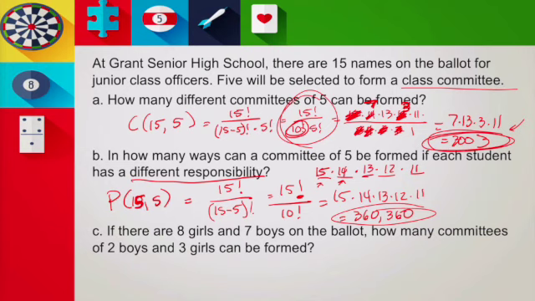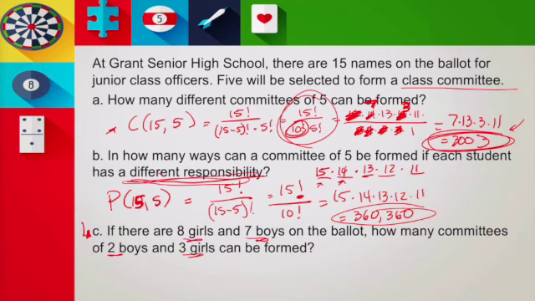If there are 8 girls and 7 boys on the ballot, how many committees of 2 boys and 3 girls can be formed? So, going back to being combination, because the order doesn't matter. We're assuming this is not having a different responsibility here. But we're going to need to pick 2 boys out of 7 and 3 girls out of 8.